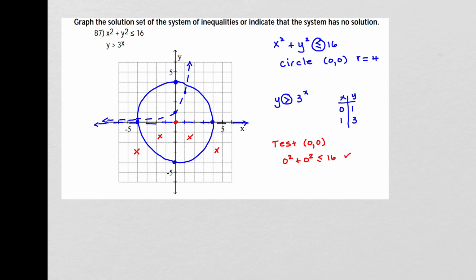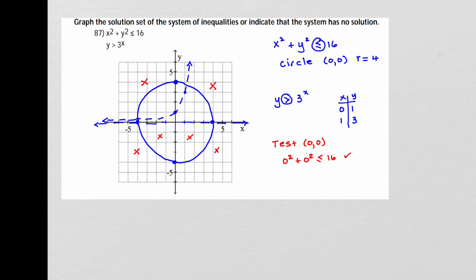So that means I need to be inside the circle, and therefore I can't use this area, and I can't use this area because those are outside the circle. So rather than trying to check off where it could be, I'm going to eliminate where it can't be. So now I'm down to only 2 sections. I have this section here and this section here, and I need to choose one of those.